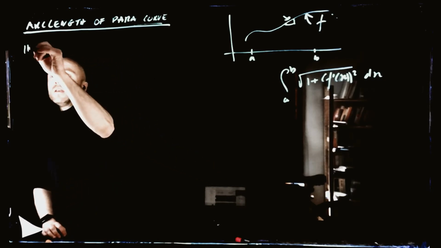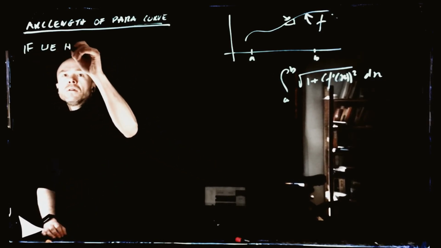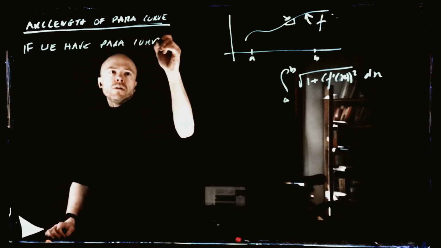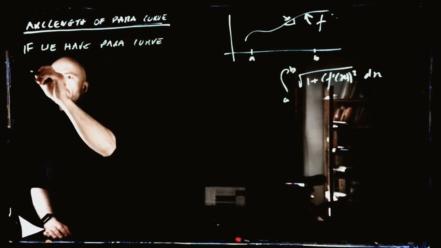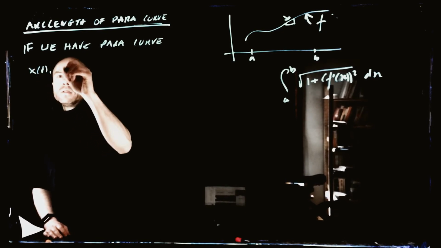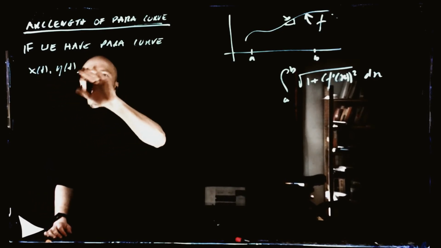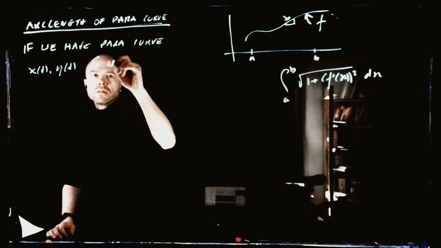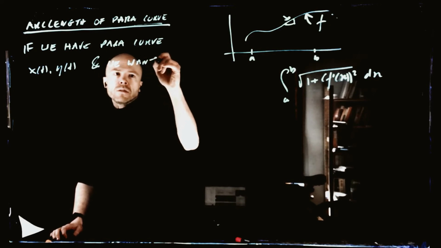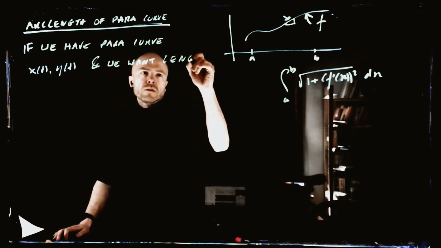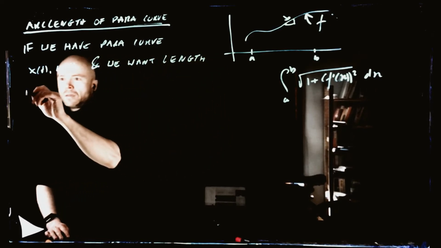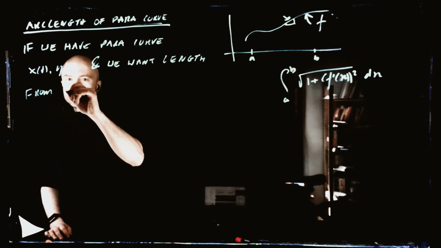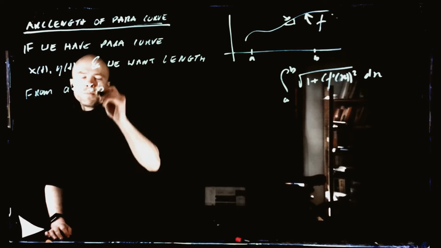So if we have a parametric curve, x of t, y of t, and we want the length from a less than or equal to t less than or equal to b, what are we going to do?